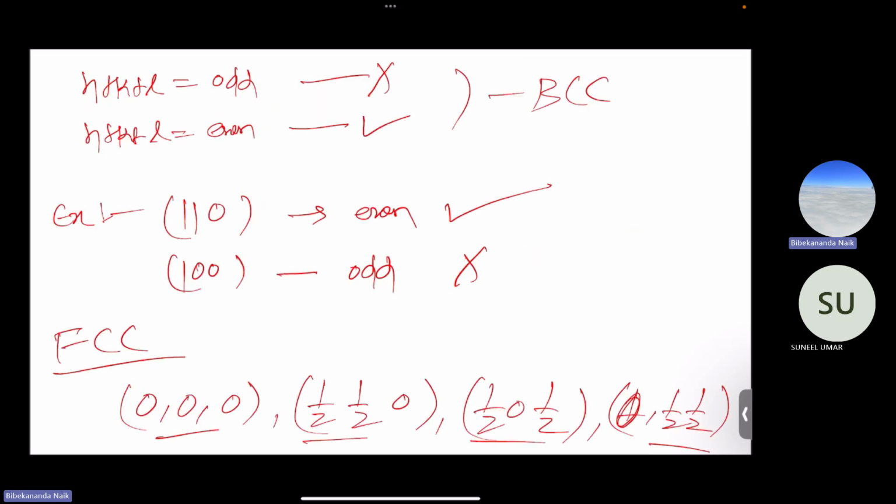So we have taken these 4 points, or 4 terms. Now you get it?